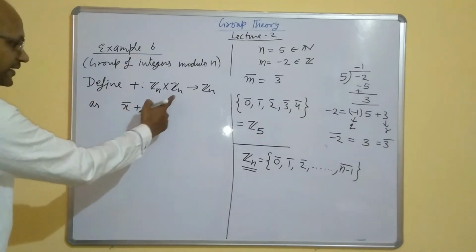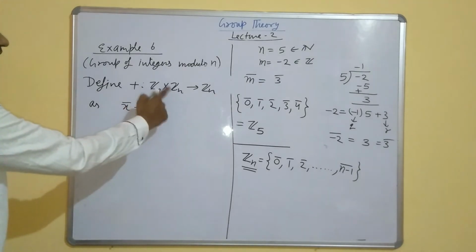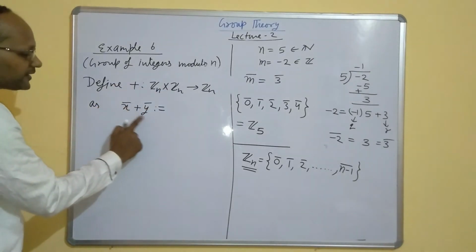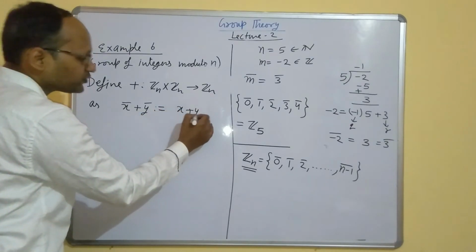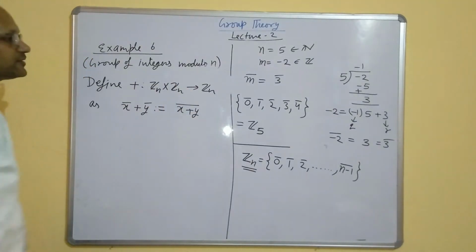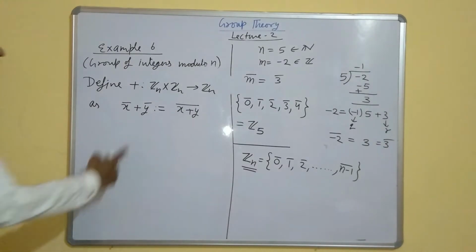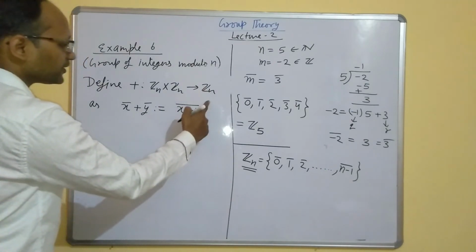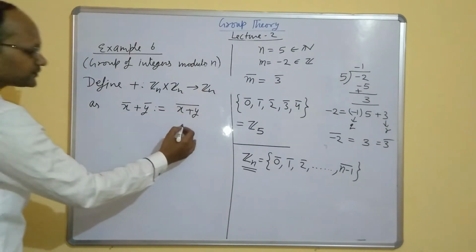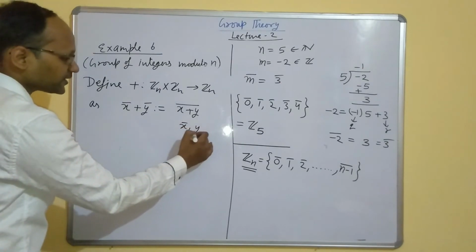Suppose I take two numbers x bar and y bar in Zn, and now I am defining how to add these two numbers. We add these two numbers and take modulo n, so x bar plus y bar is x plus y whole bar. Clearly it will again be in Zn.